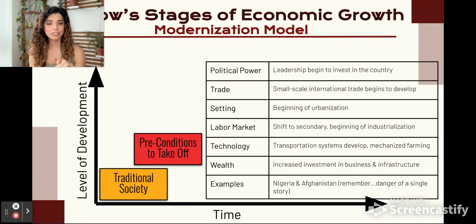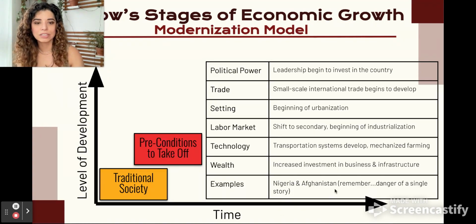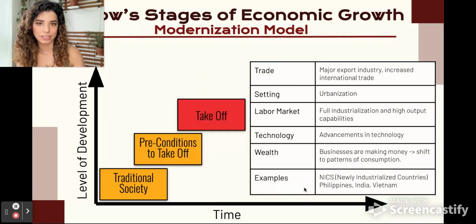Technology is beginning to develop, and we see that within transportation systems and in mechanization. Wealth is increasing, and some examples would be Nigeria, Afghanistan. So this is not just across the board. We're going to get into some of the criticism soon, but just for the sake of an example, some of these would apply to these countries here.